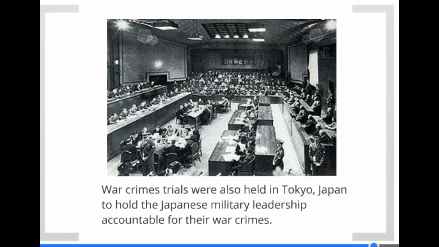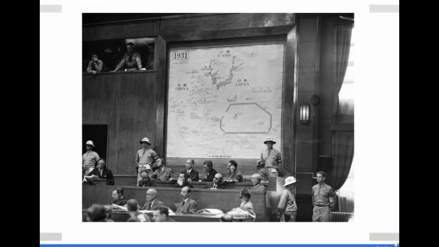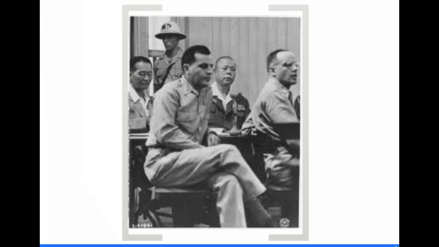War crimes trials were also held in Tokyo, Japan, for the Japanese military leadership and its brutal treatment of prisoners of war, and its brutal treatment of the people that it colonized.